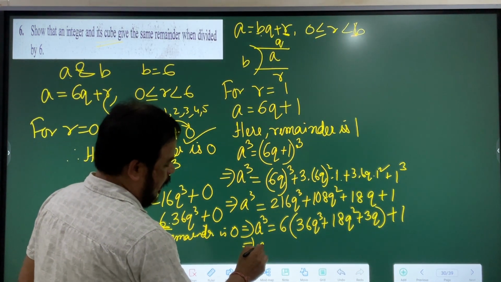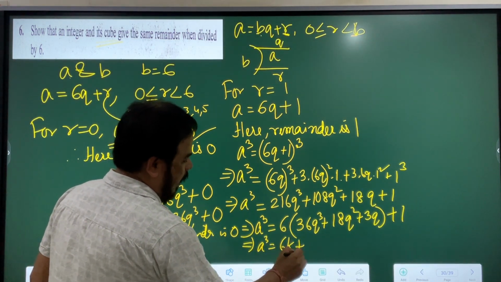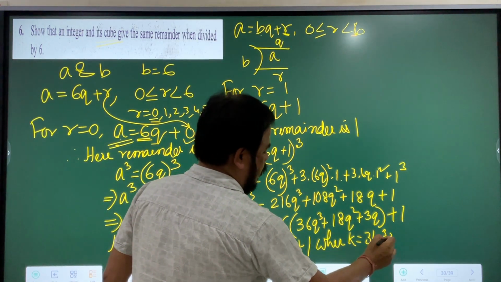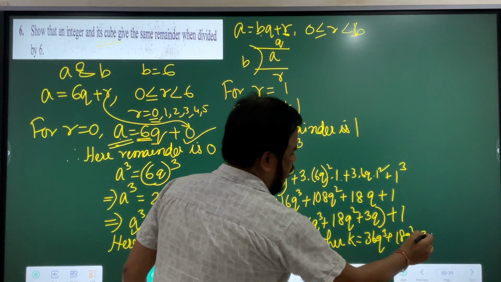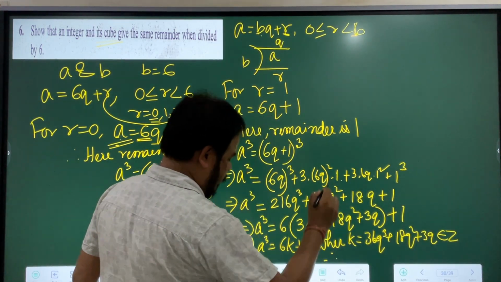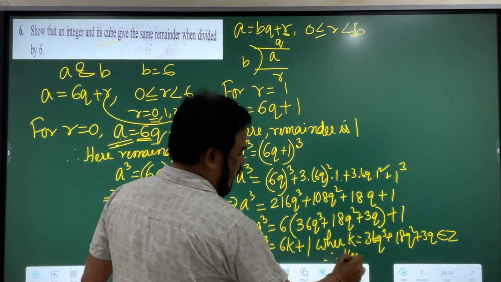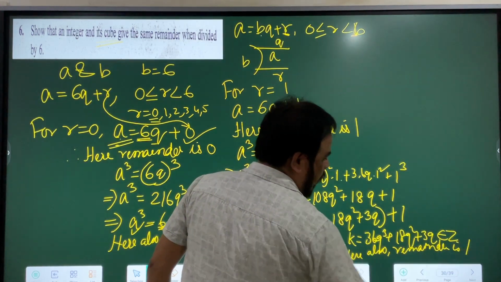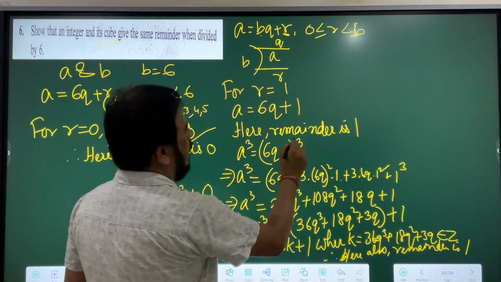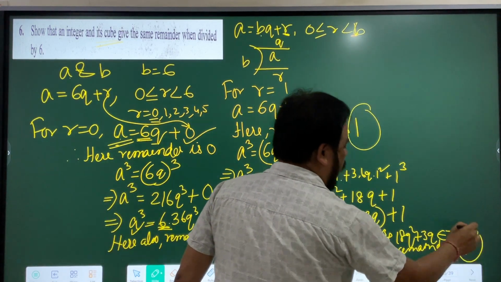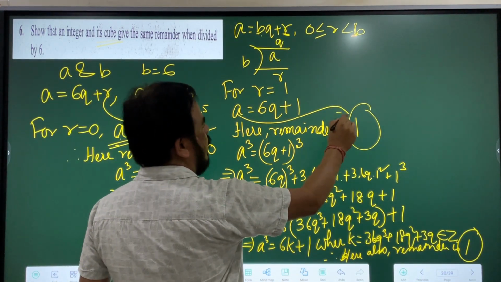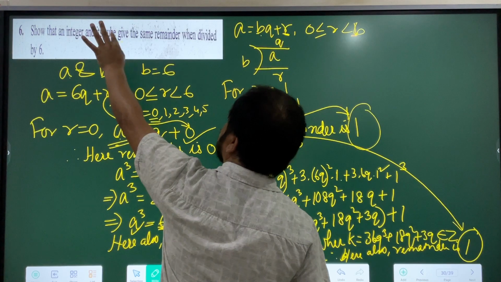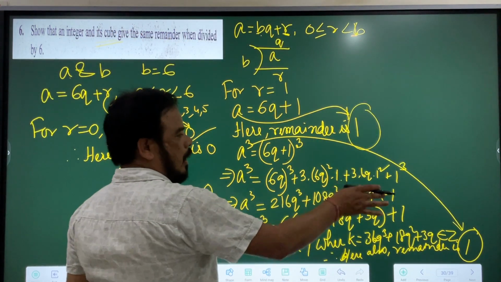We can write now A cube is equal to 6K plus 1, where K is equal to 36Q cube plus 18Q square plus 3Q and belongs to Z. Therefore, here also the remainder is 1. With A we have got remainder 1. With A cube also we have got remainder 1. So an integer and its cube give the same remainder. I hope you understand.